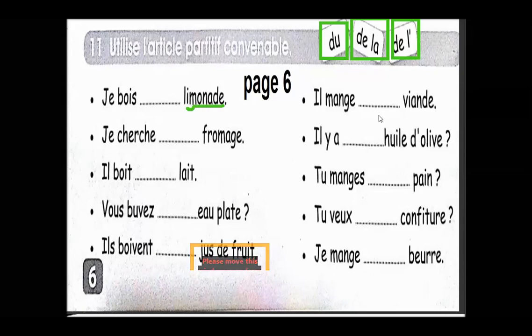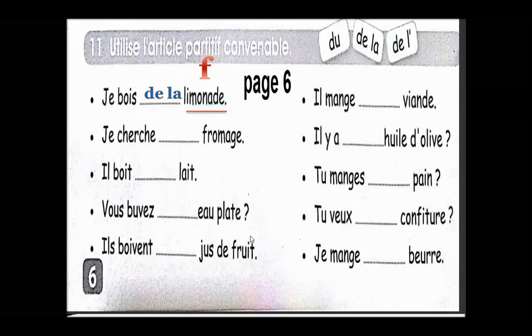It's feminine. Excellent. So what will we use for it? De la. Je bois de la limonade. We will underline it and write F, which means féminin.